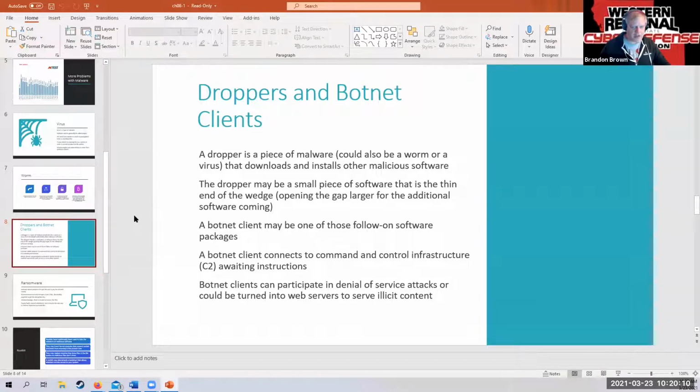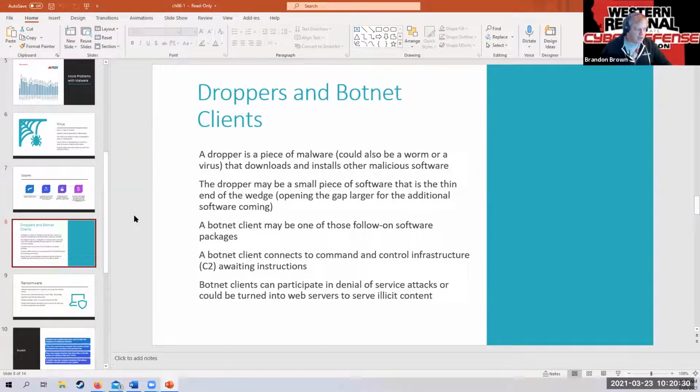Internet Relay Chat was a mechanism that the bots could use to communicate back to the central command server, where the bot herder could then effectively manage all the systems that had been overtaken by the bot itself.